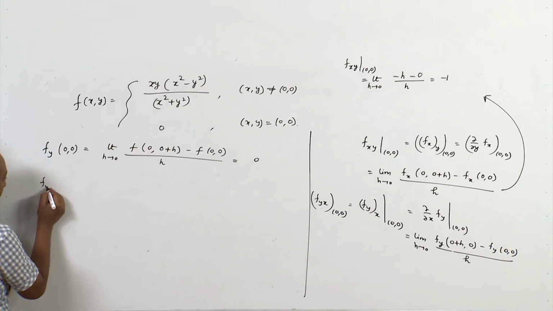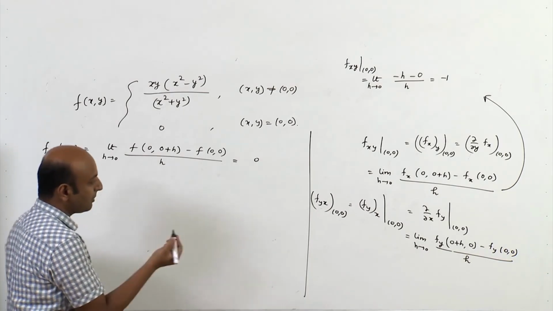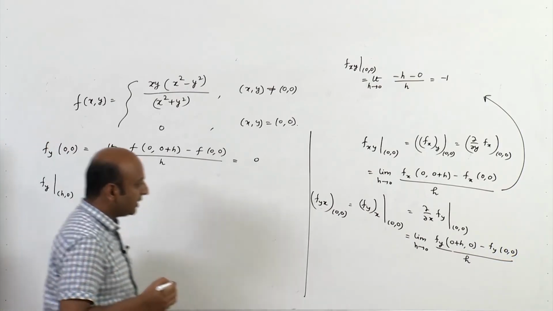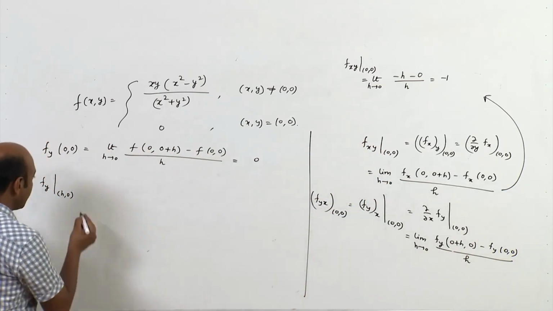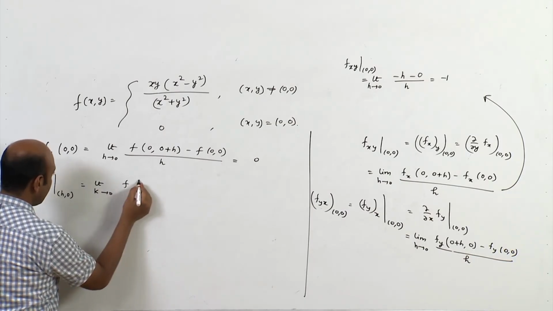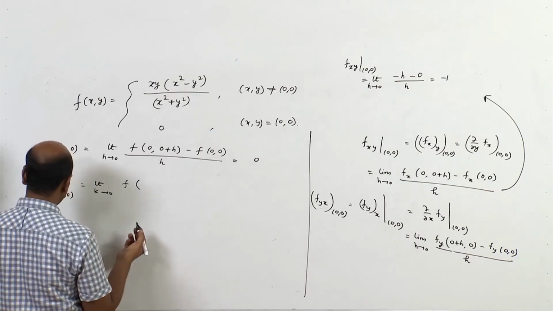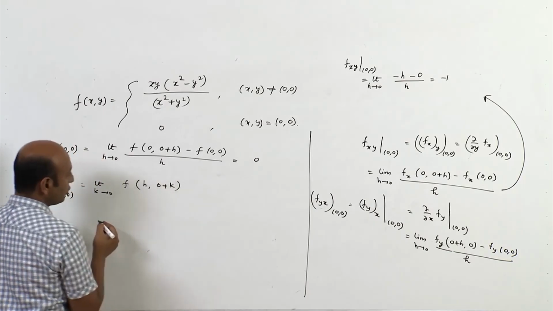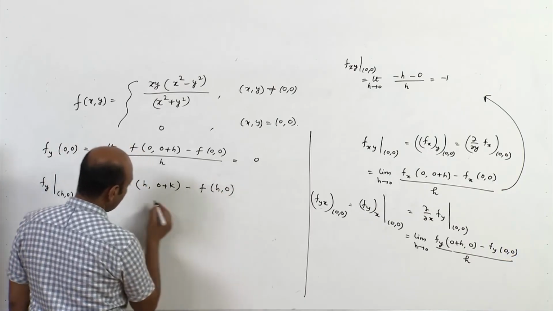Now we need f_y at (h, 0). So f_y at (h, 0) is the limit k tending to 0 of f at (h, 0+k) minus f at (h, 0), divided by k. We change y only, and x remains fixed.